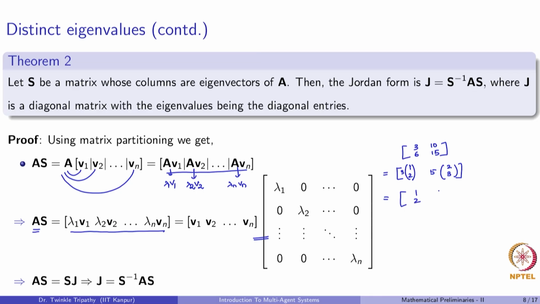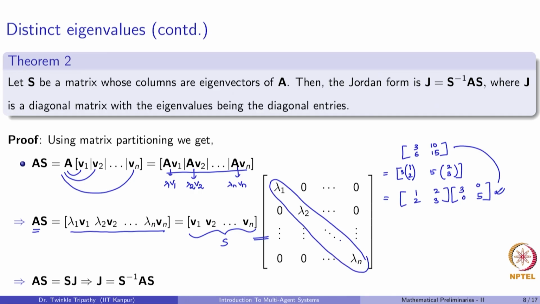Then we can always take 3 and 5 out here. If you do the multiplication now, you see that this is exactly the same as this, which is how we get this relation. Remember, this is a matrix S, and this is simply the matrix consisting of all of the eigenvalues along the diagonal, and rest all of the entries are equal to 0. This is a Jordan matrix.